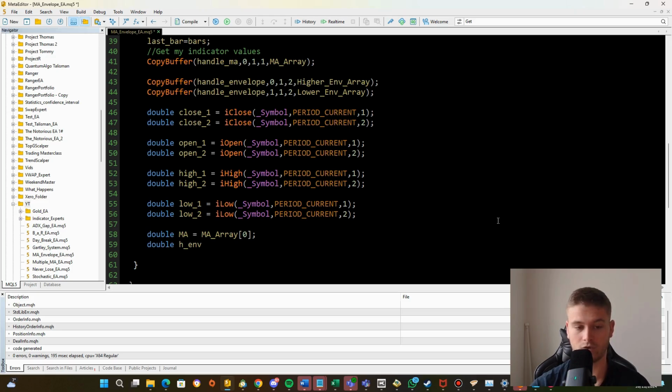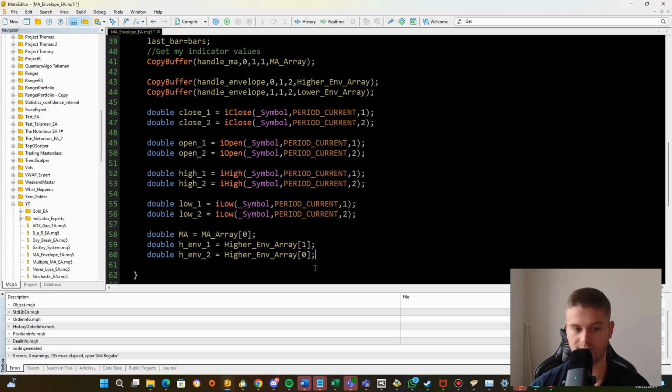Higher envelope 1 is equal to higher envelope array at position 0. So this is basically the most recent value we have. Higher envelope 2 will be equal to higher envelope array at position 1. So this is the prior value.